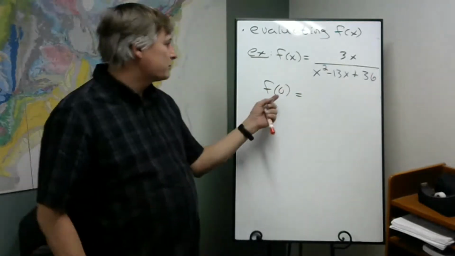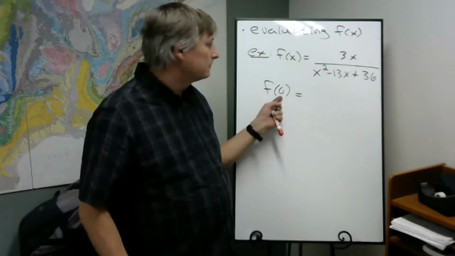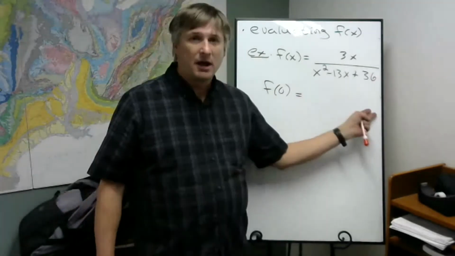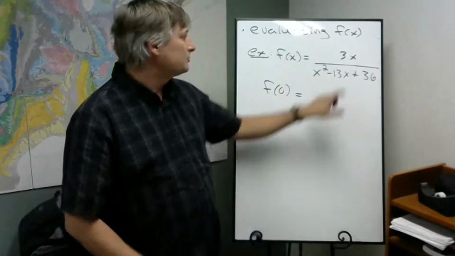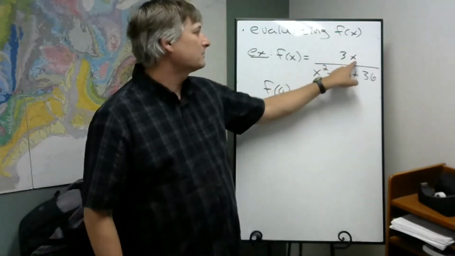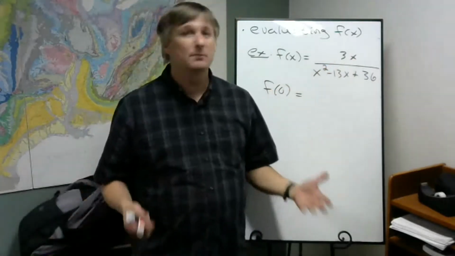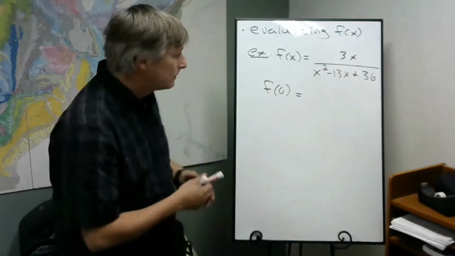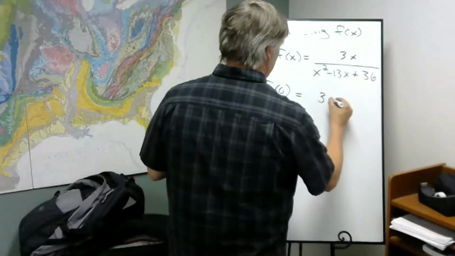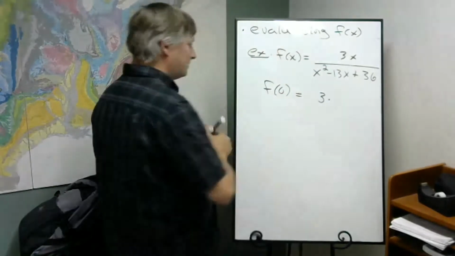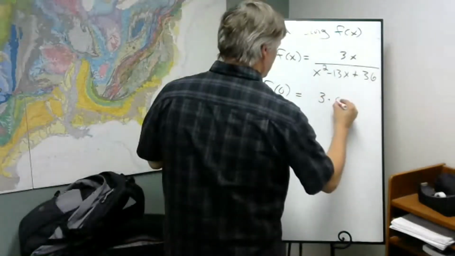So what we've done is we replaced x with 0. So that means on the other side, we're going to replace all the x's with 0. So instead of 3 times x, remember when 3 is next to x, it means 3 times x. We're going to get 3 times 0.